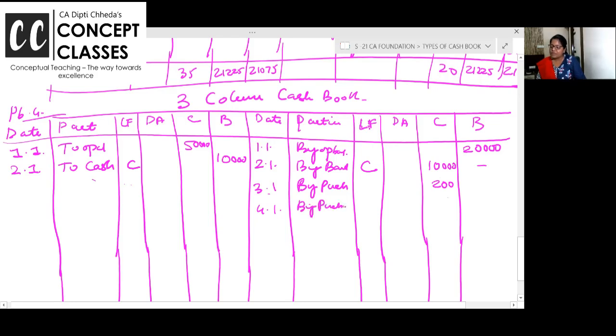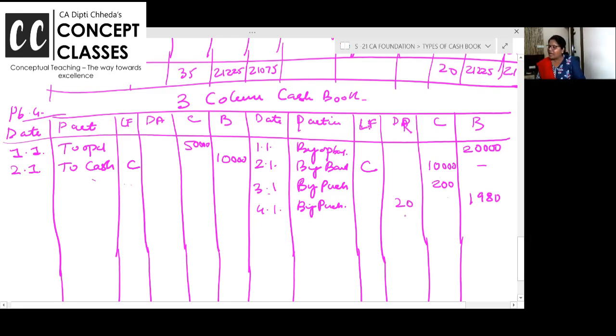You have purchased the goods by check, and a discount is allowed to you, 1%. So 1% of 2,000 comes to how much? 20. So how much will you pay by check? 1980. How much will go in the discount received? Not allowed, received, 20. I hope you are getting it.